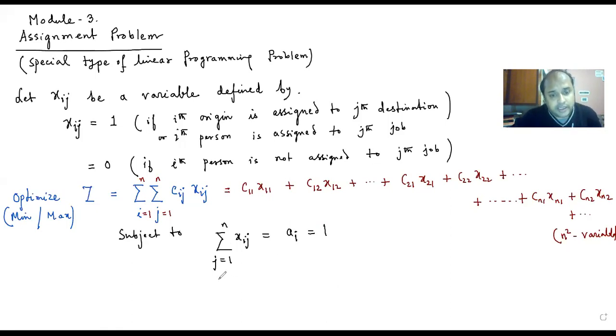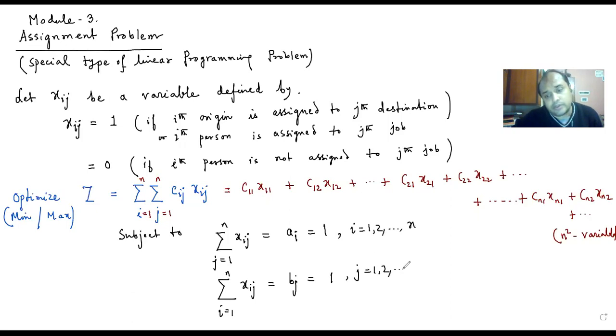That is one constraint. Another constraint that we have: summation i goes from 1 to n of xij, which is bj, that would be equal to 1. And here i runs from 1 to n, and j runs from 1 to n. These are the constraints.